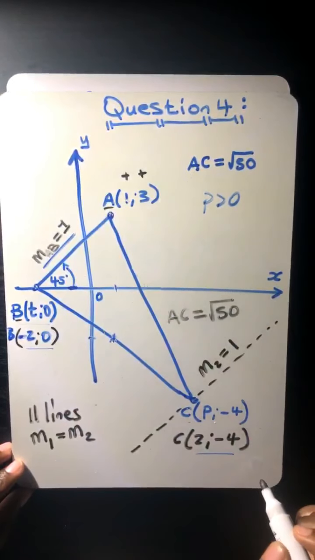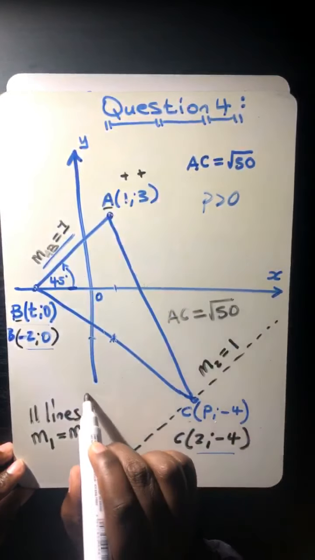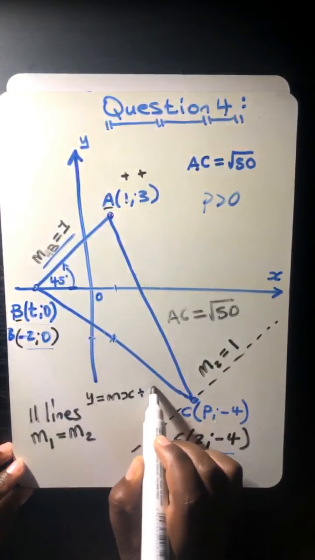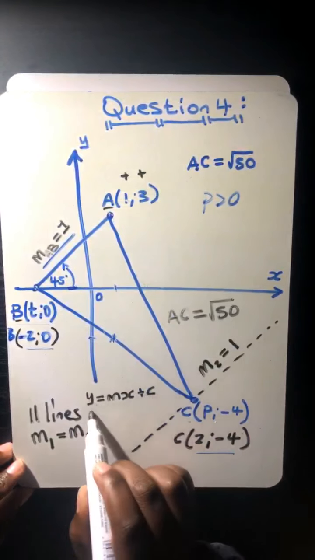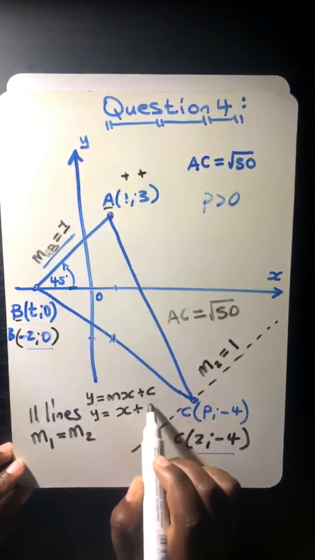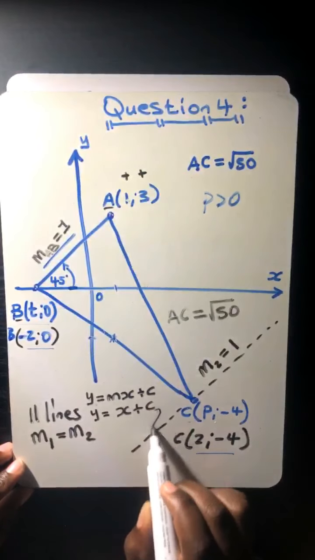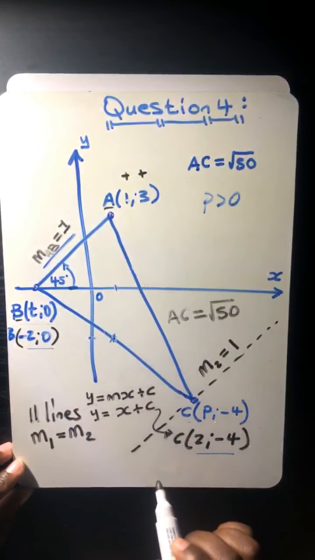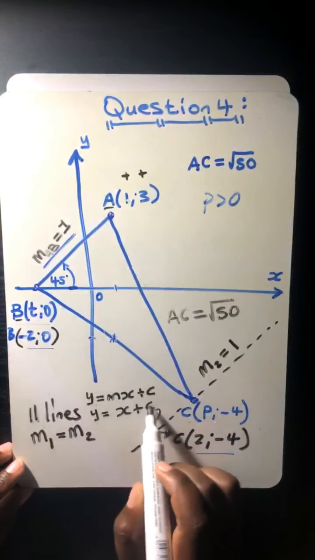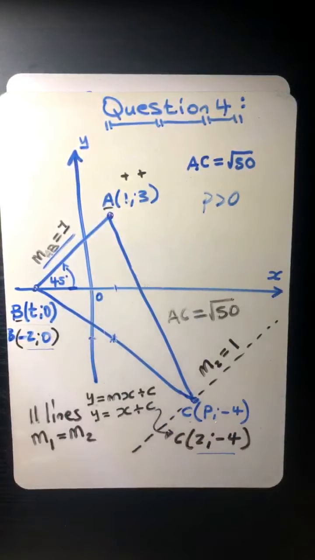Can you see that on the general formula of a straight line, y = mx + c, you already have your gradient, 1x + c at this point, which means you just substitute to solve for c and then give that answer.